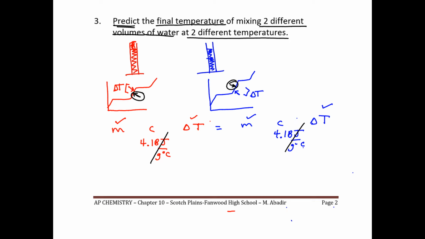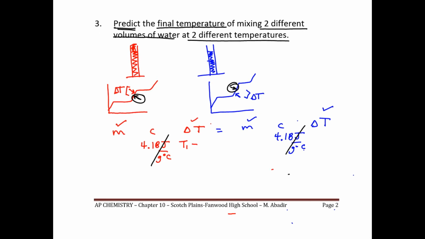So what you realize is that the final temperature of the hot is going to be colder than the initial. So that's going to be the first temperature minus the final. It has to be the final one over here because it's lower than the original temperature. So this is the final right there.